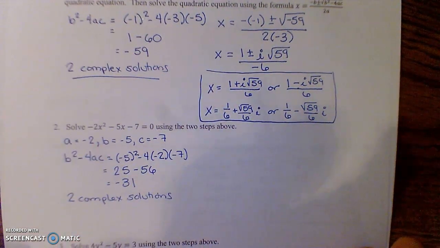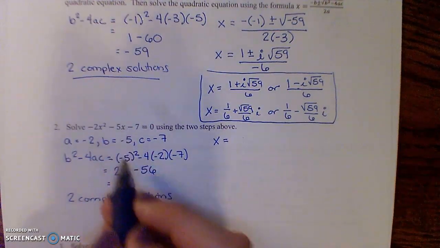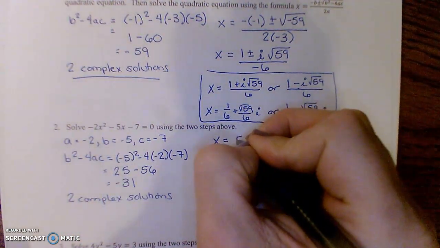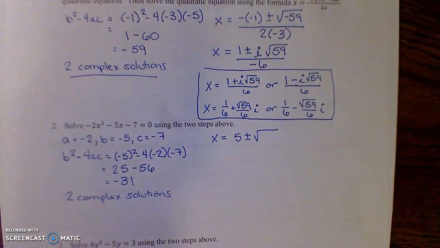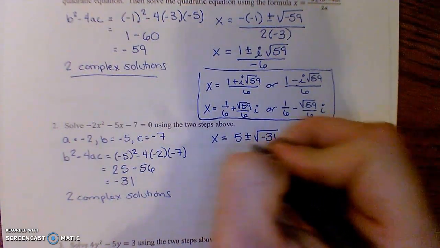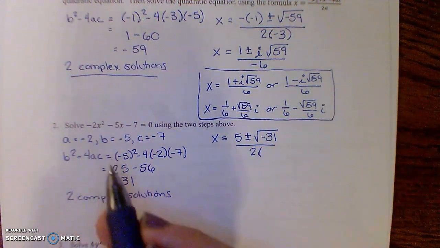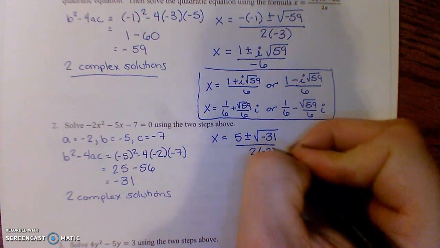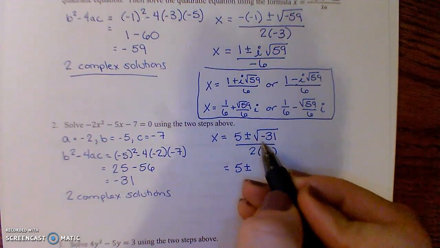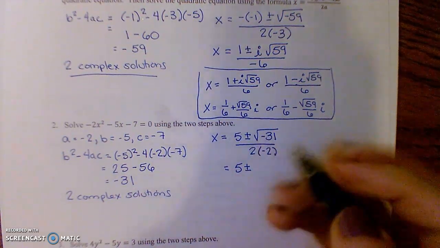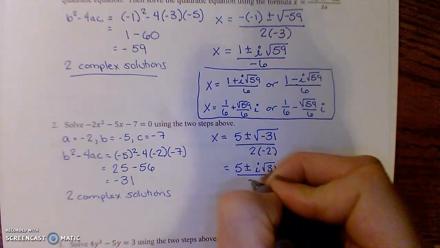Let's go ahead and write those two solutions down. You get x equals -b, so b is -5, so +5, plus or minus the square root of the discriminant, which is -31, all over 2 times a, which is -2. So simplifying, I've got 5 plus or minus the negative underneath the radical symbol comes out as i, root 31, all over -4.